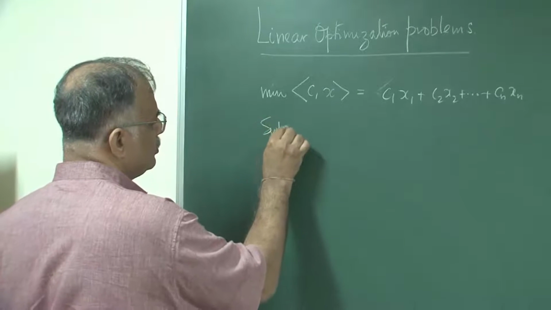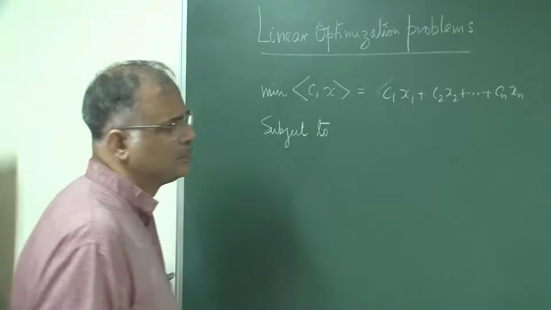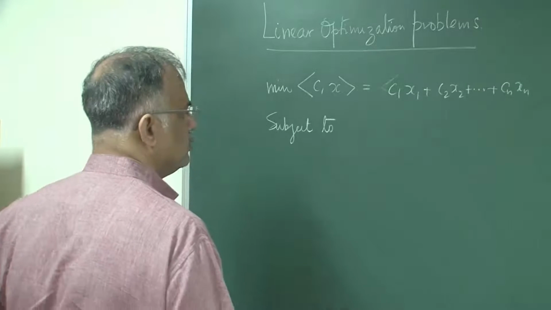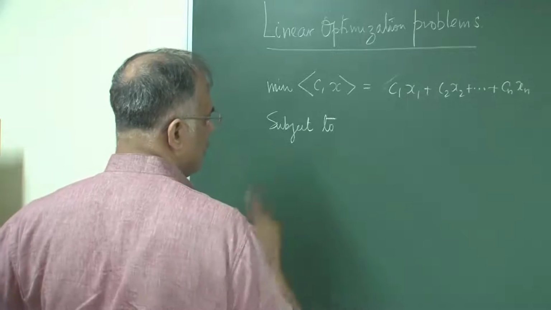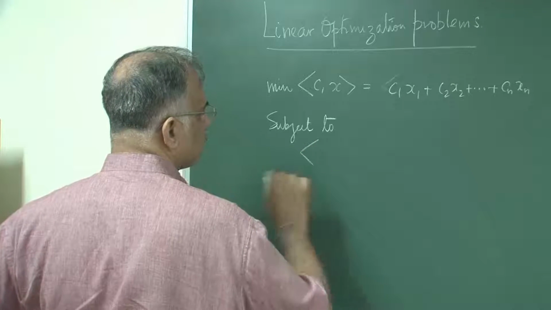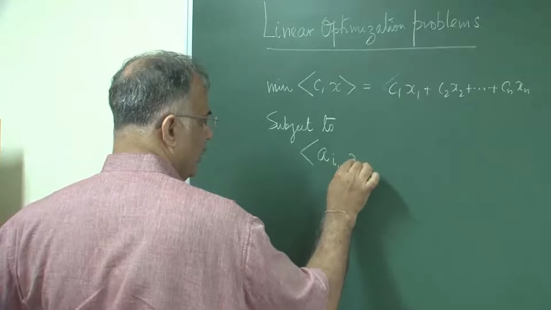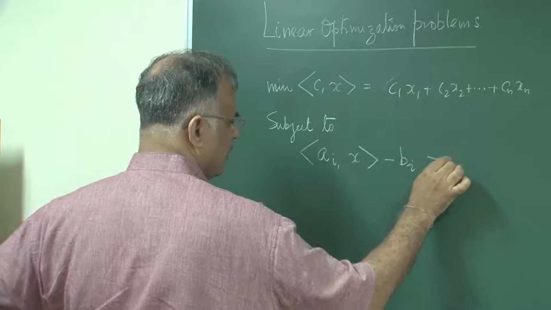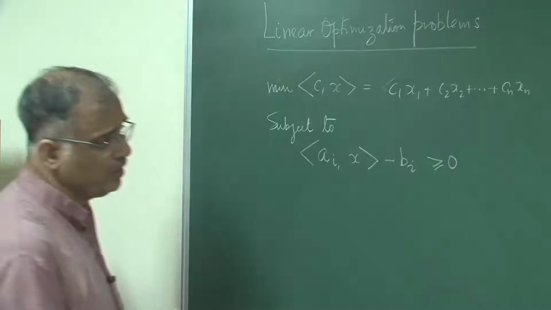Subject to ai x minus bi is greater than or equal to 0. So it is an inequality constraint of the greater than or equal to type. You can represent it in the same way.